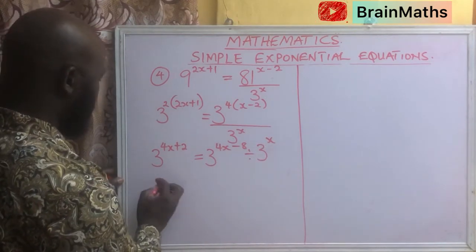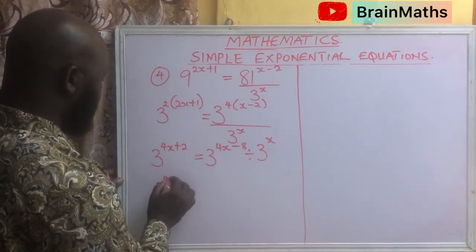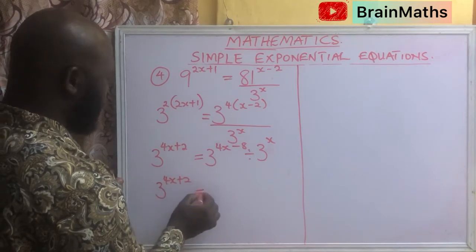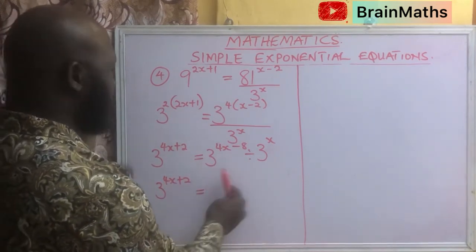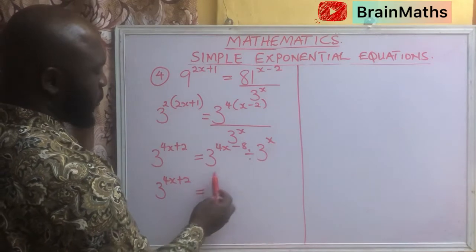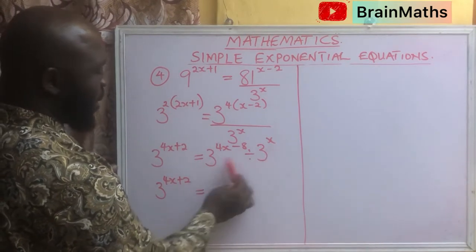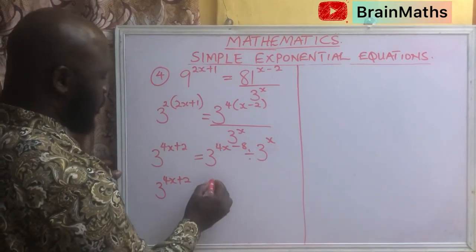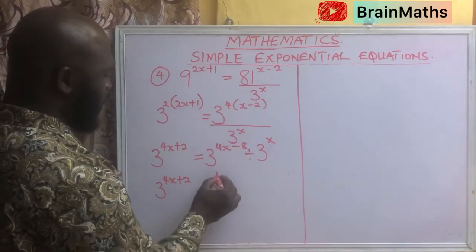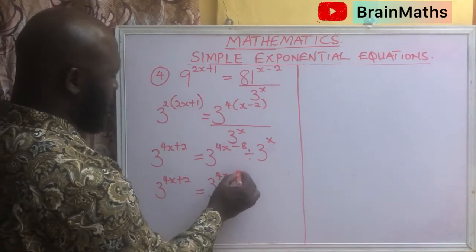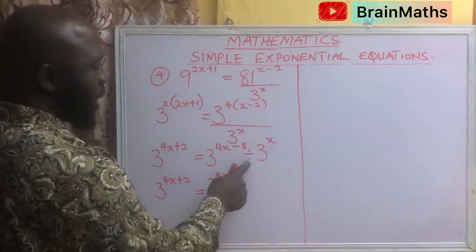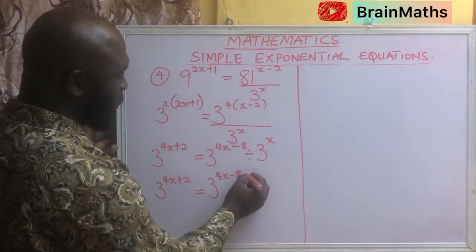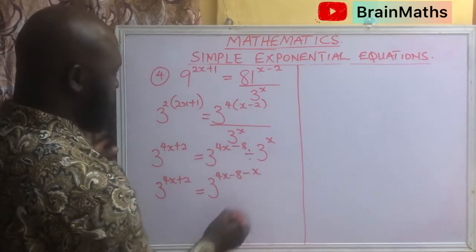So we have 3 raised to power 4x plus 2, which is equal to, now we need to balance this place because the two of them have the same base. So we will say 3 raised to power 4x minus 8. Whenever we have division, it is going to give us minus x.